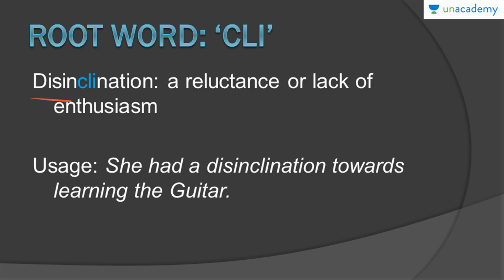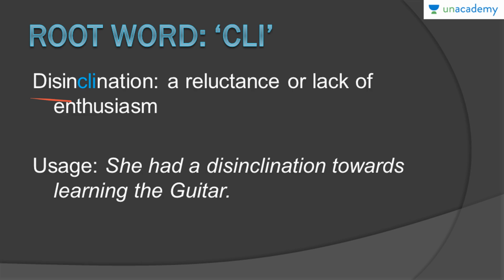That means it is a negative form of the word, so you can derive its meaning that it means not to lean towards something. So that means you don't have an inclination towards learning the guitar, you don't lean towards the idea of learning the guitar.